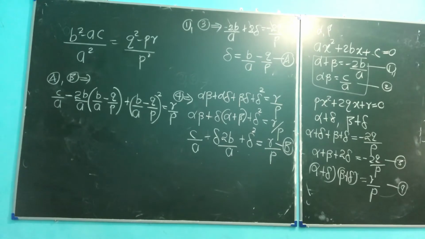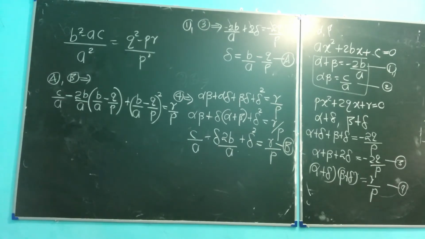So first equation, ax square plus 2bx plus c, roots are alpha and beta. Then alpha plus beta is minus b over a, and alpha beta is c over a. In the other equation the roots are alpha plus delta and beta plus delta.